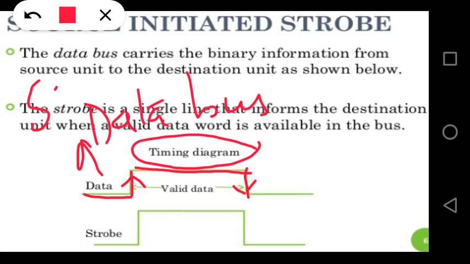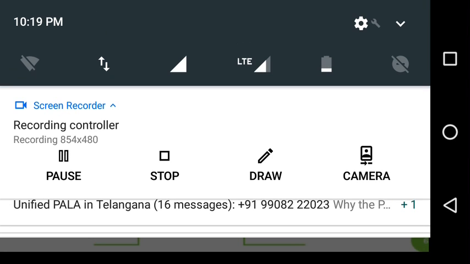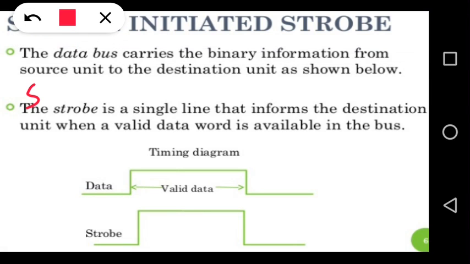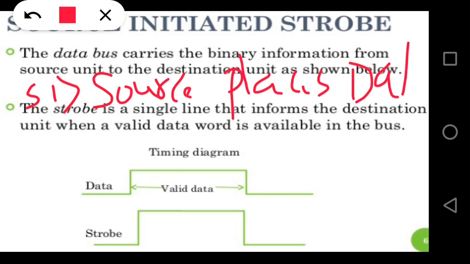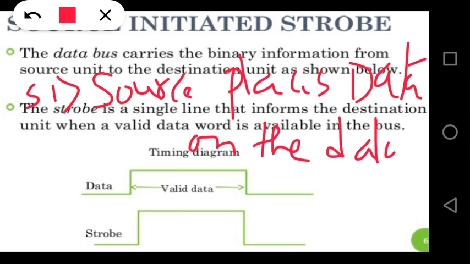So the source or sender first places the data on the data bus. First what happens? Step 1, source places the data on the data bus.